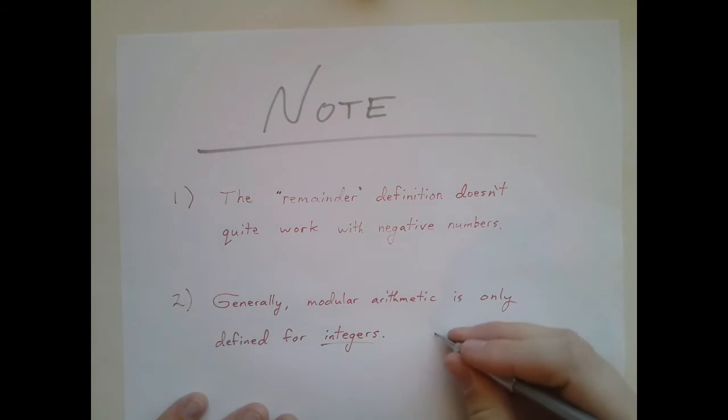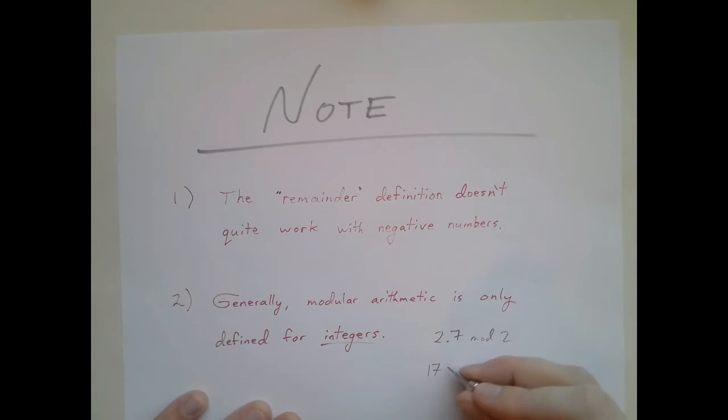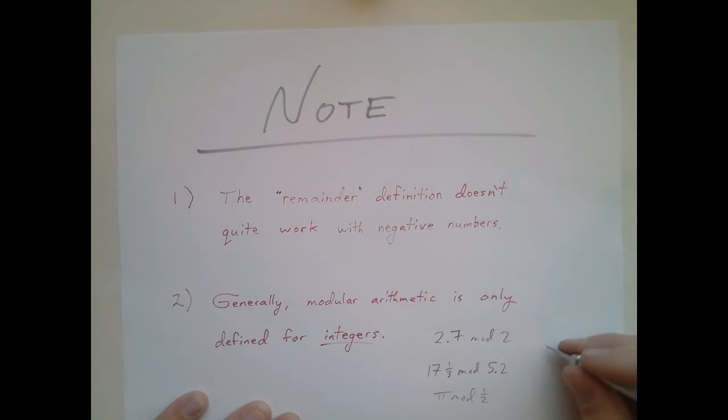So you wouldn't do 2.7 mod 2 or 17 and a third mod 5. No decimals or fractions, no pi, and the modulus can't be a decimal or fraction either. Can't do 8 mod pi.